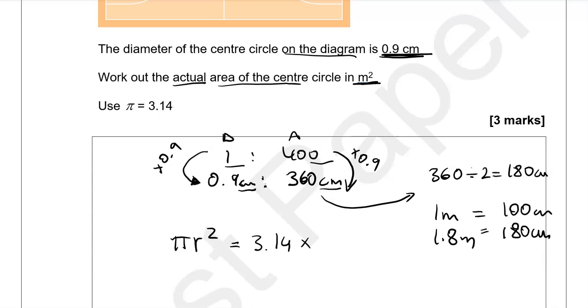So in other words, dividing by 100. So I'm going to put here 1.8 squared. And plugging this in the calculator, we get 10.1736 square meters.